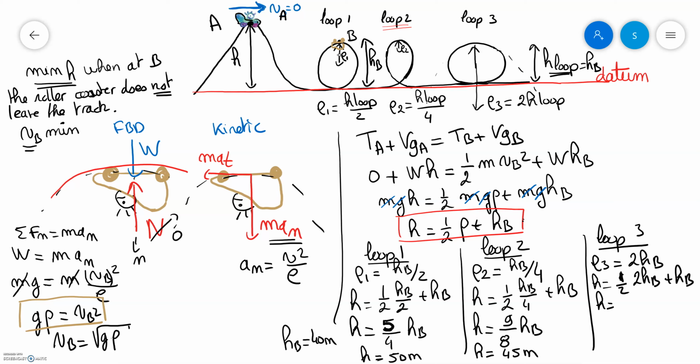So H is equal to HB plus HB, equals 2 HB. In this case, if HB equals 40 meters, H should be equal to 80 meters. So you see, for the same HB, for the same height of every loop, in one case we need only 50 meters, 45, and 80 meters for this one.